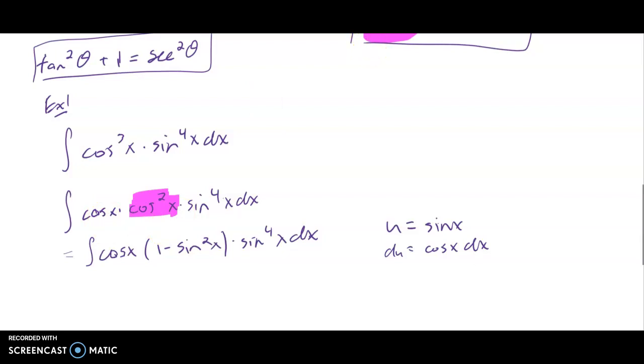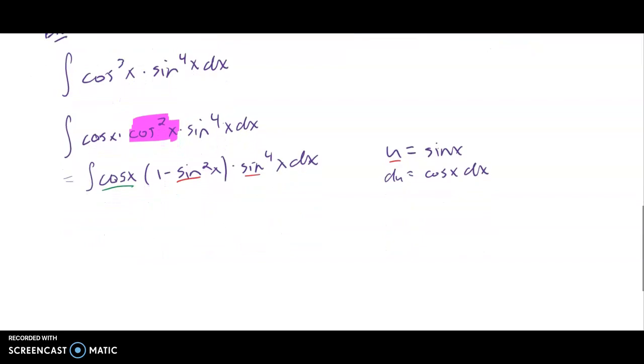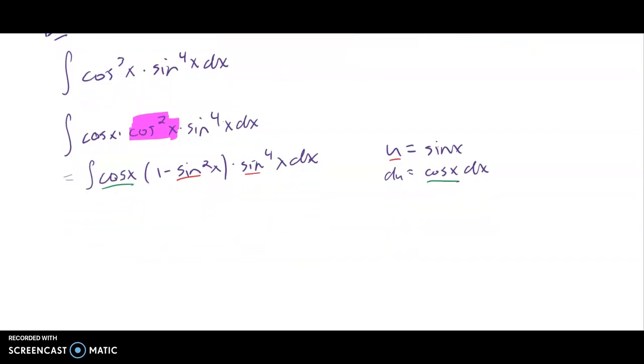And here's what's going to get replaced. This sine is going to be a u, and this sine is going to be a u. And then this cosine is going to get replaced with the du.